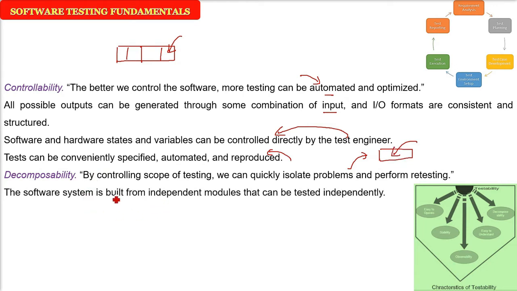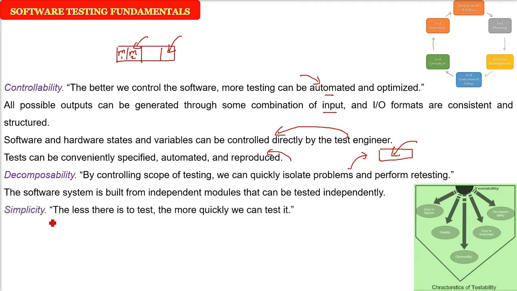The software system is built from different classes and independent modules, and when we are able to test them independently and easily, then we can do the integration testing and system testing. Simplicity. The less there is to test, the more quickly we can test it.